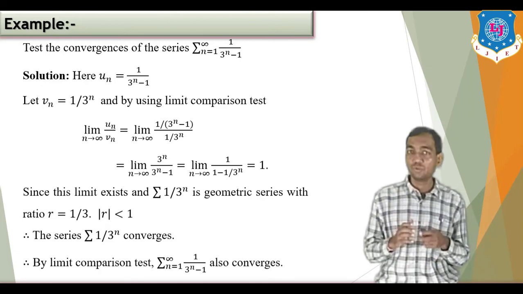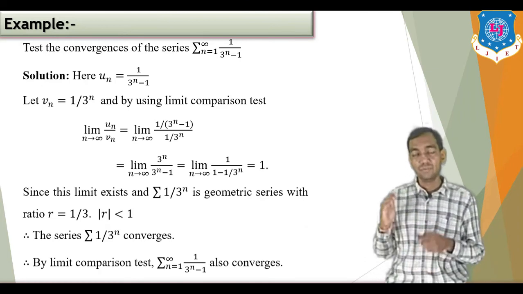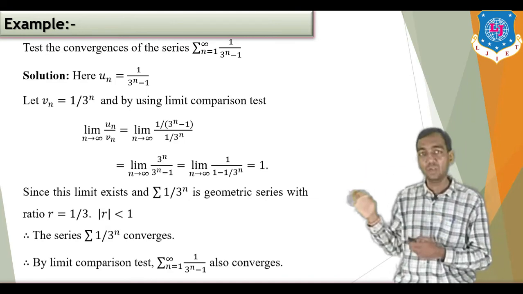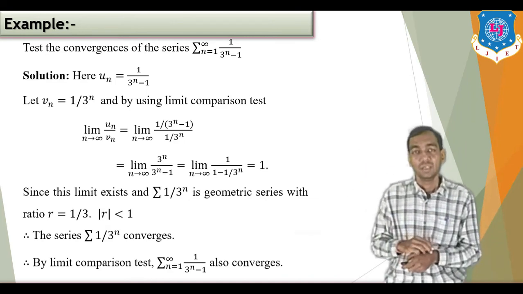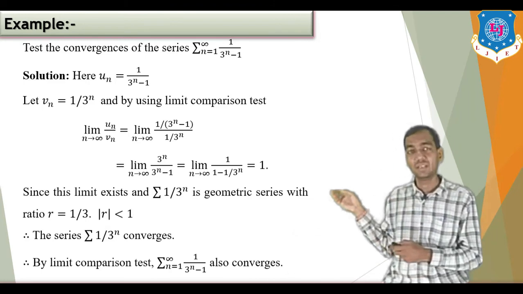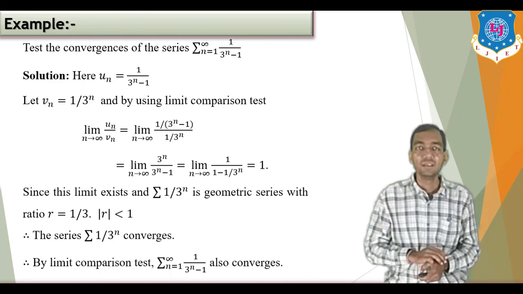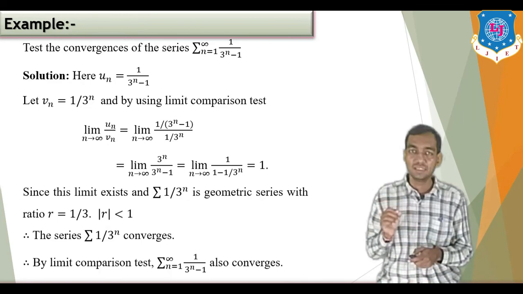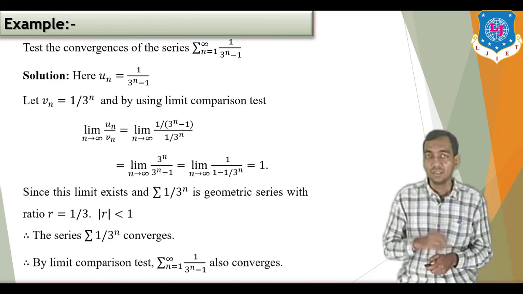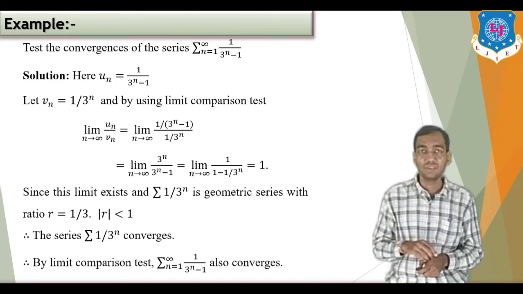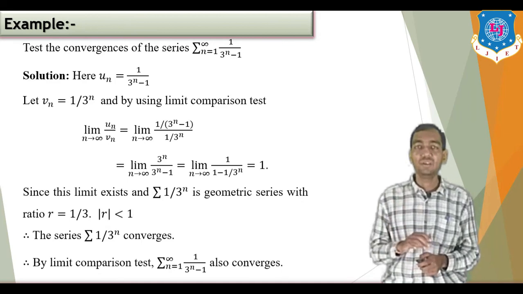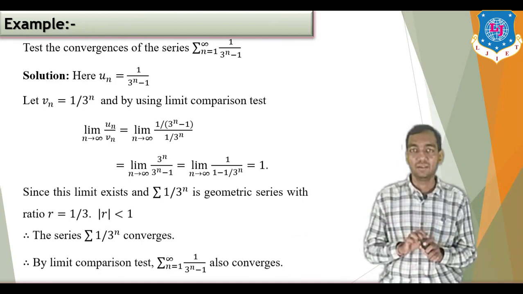Here we also use the same thing: the dominant term from the numerator and from the denominator. The dominant value of the numerator is 1 and of the denominator is 3 raised to n. So Vn will be 1 upon 3 raised to n. Correct? Now applying the limit of un upon Vn and simplifying, that will give you limit 1, which means it is non-zero and finite.